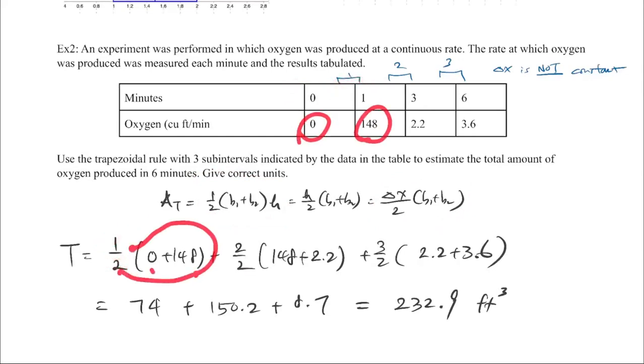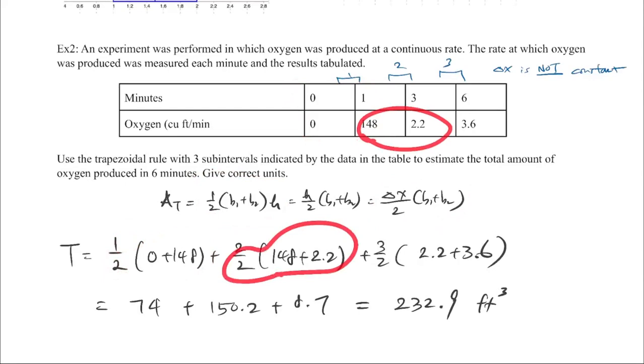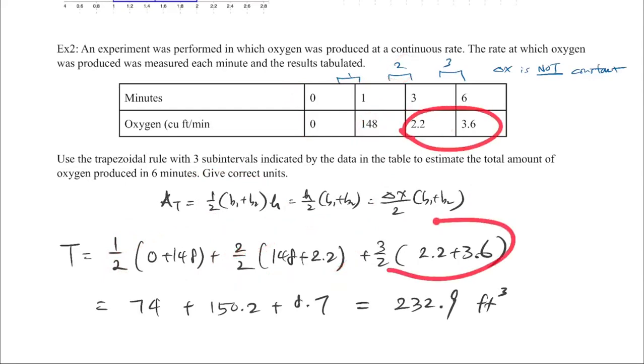So I view this as the average of the two heights times the width. And the average of the two heights, which is this, times the width is 2, right here. Average of the two heights, which is this one right there, times the width, right there. I mean, I personally prefer to think of it that way. And when you go through the calculation, it comes out to 232.9 cubic feet. All right, guys. Yeah, that is it.